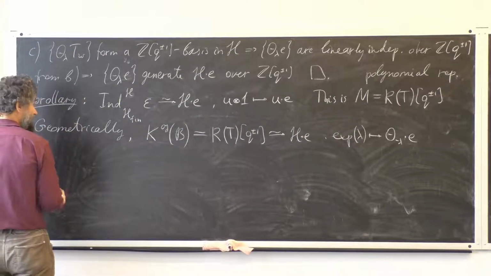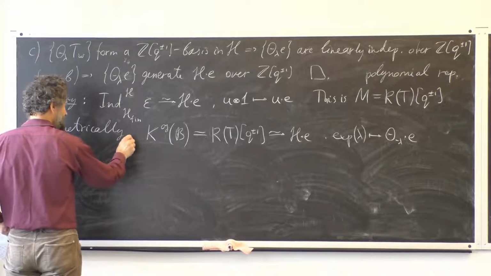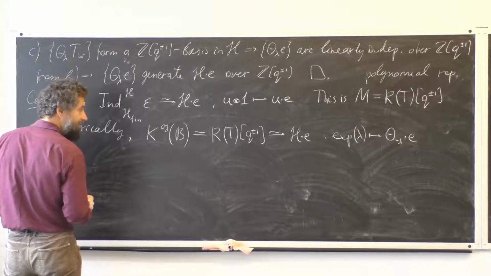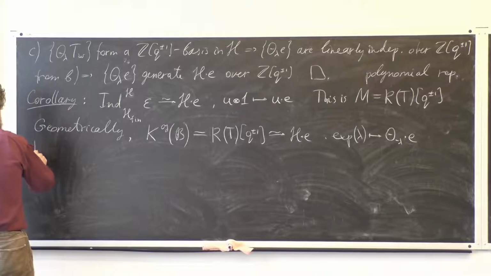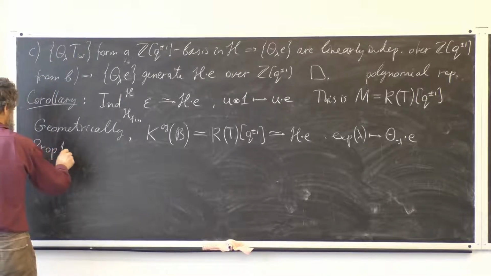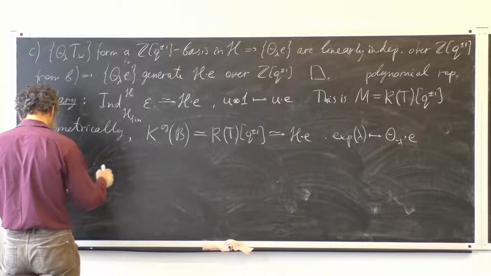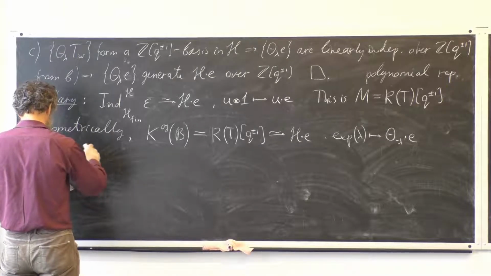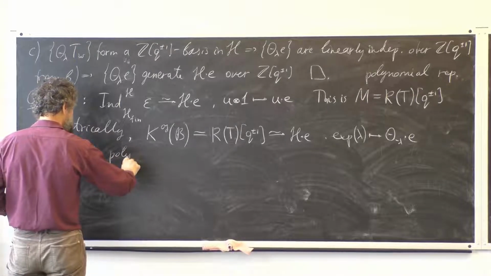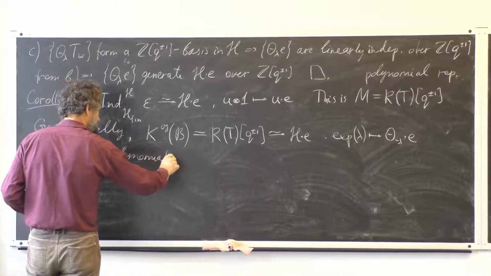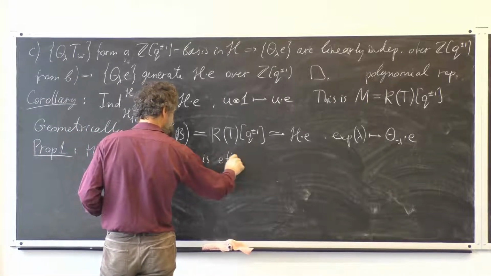Okay, so now we'll formulate three propositions that will imply everything we need, but then we'll try to prove them. So the first proposition says that the polynomial representation is effective.